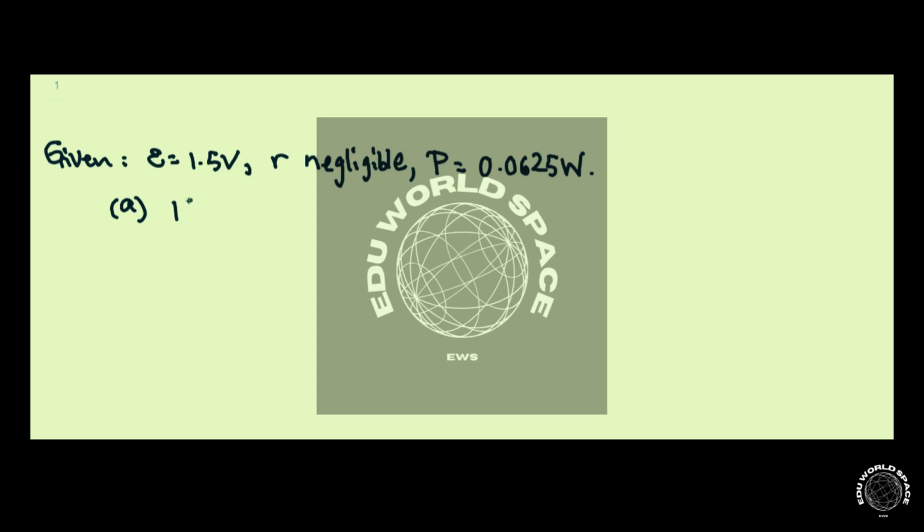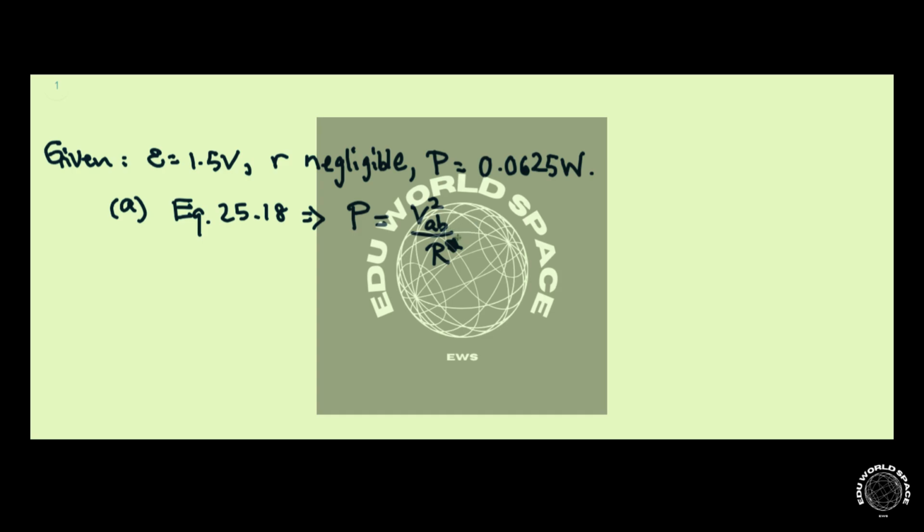So we can solve this problem by using equation 25.18, which states that P is equal to the terminal voltage squared over the resistance, not resistance squared, sorry.